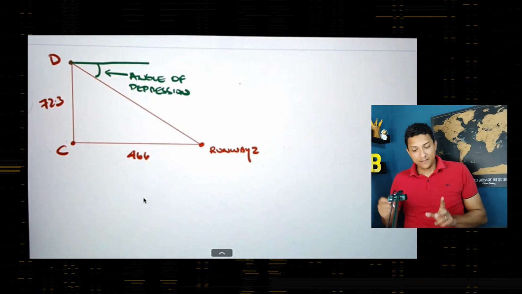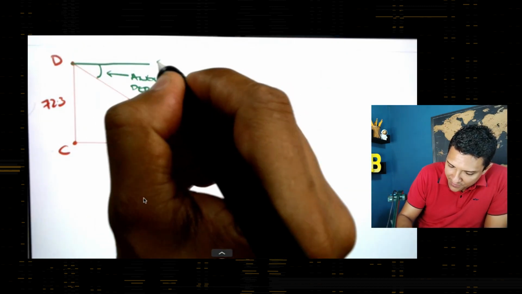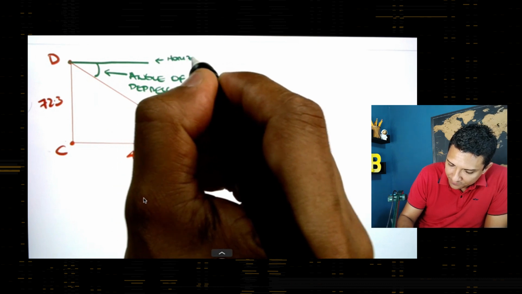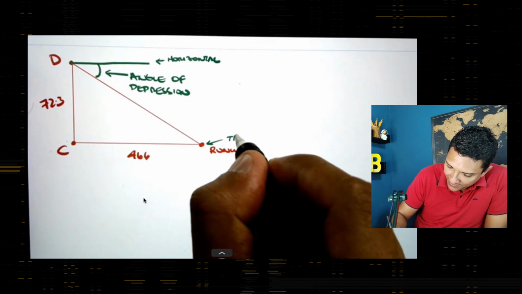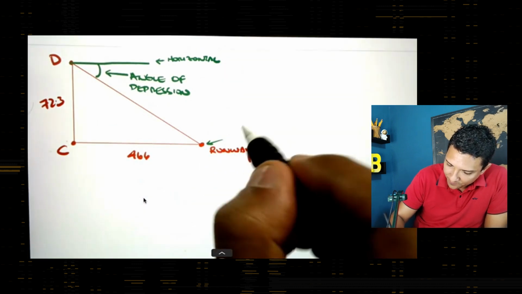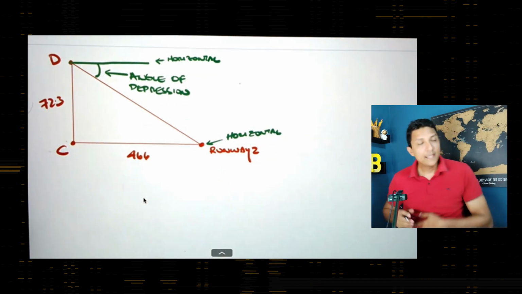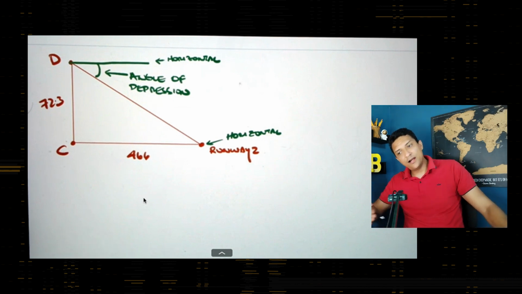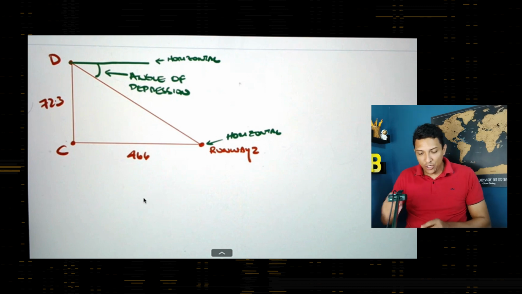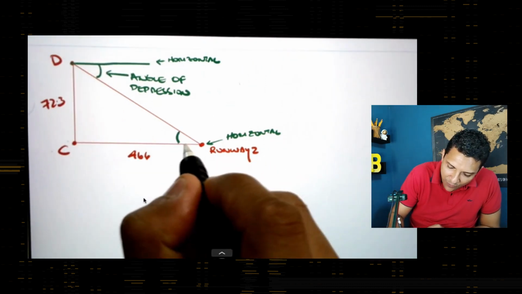But the easiest way, we need to understand something. This green line that we have here is the horizontal line, and it is parallel to this horizontal line that we have here. So in other words, we have two parallel horizontal lines cut by a transversal line. This angle of depression they are asking us is exactly the same angle we have here. Why?